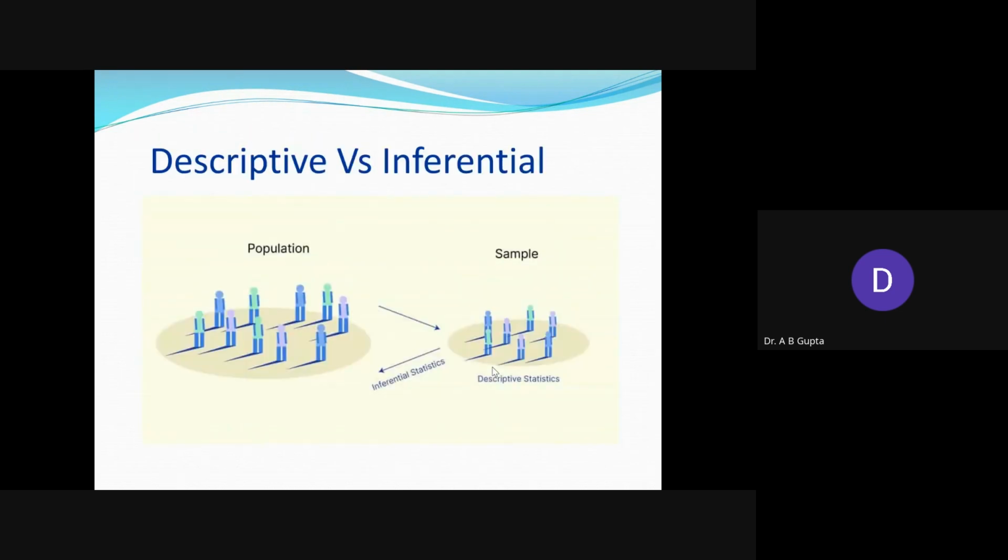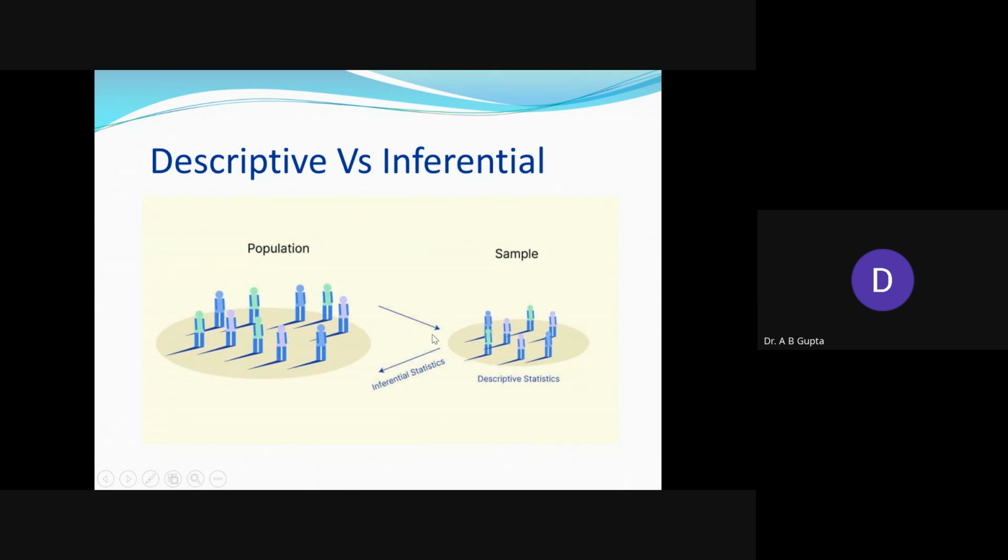So let us have more clarity on descriptive statistic and inferential statistic from this slide. As I told you, descriptive statistic is describing the sample. The focus here is on the sample. But if you are using inferential statistic, you are describing the population.